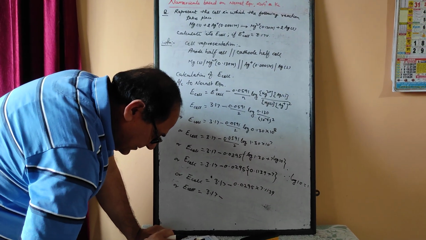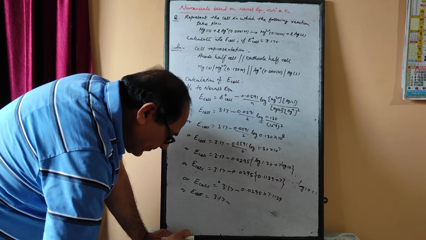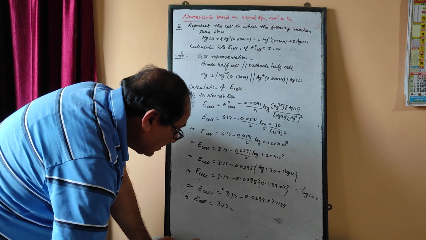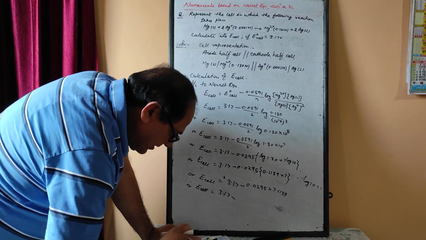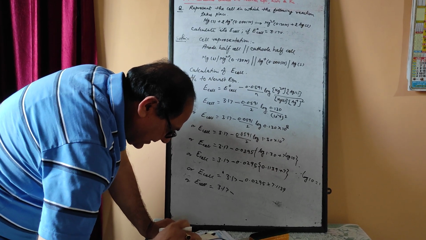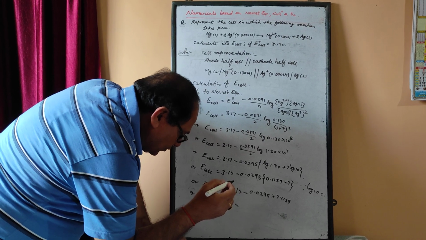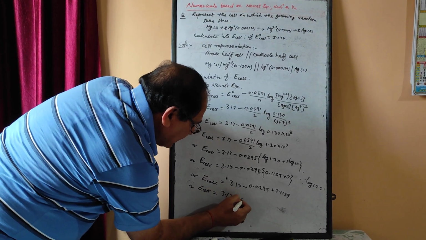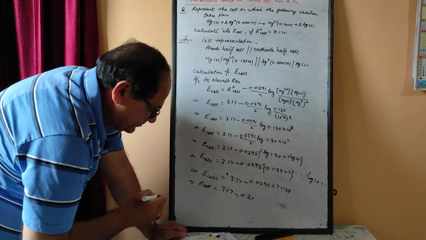So 0.0295 into 7.1139. The value will be 0.209. Can write 0.21.